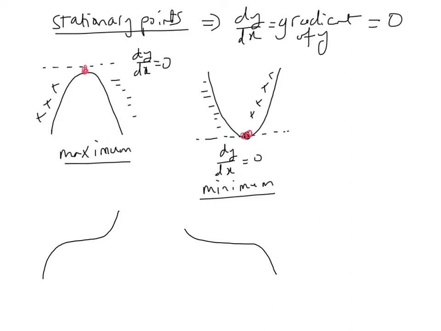So if we put in a point there where dy over dx equals 0 at that point, and then we have the gradient here, it's positive, and on either side it's negative, and again at this point here dy over dx equals 0. Now these 2 points where the gradient doesn't change from either side, it's positive, positive, negative, negative, unlike the maximum or the minimum where it's positive, negative, negative, positive. These 2 points are called turning points.